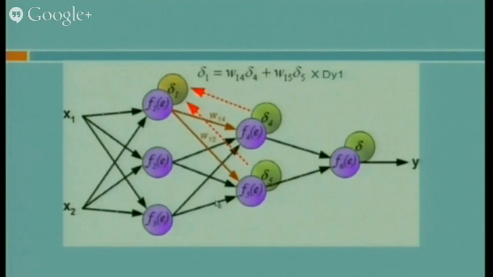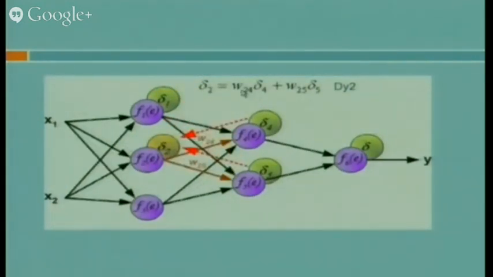Then for delta 2, what will you do? You just speak, then I'll shift this slide. Delta 2 is equal to delta 4 into W24 plus delta 5 into W25, the whole multiplied by the derivative of Y2, right?